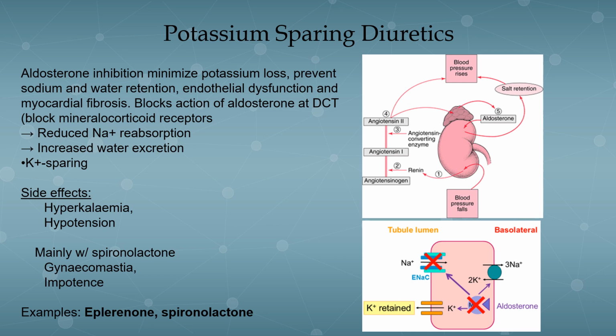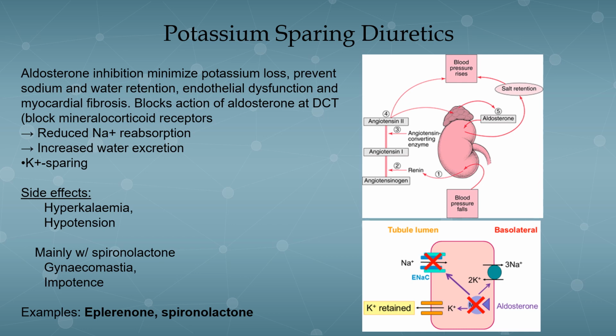So aldosterone inhibition minimizes potassium loss, prevents sodium and water retention, and endothelial dysfunction and myocardial fibrosis. Okay, all these are prevented. It blocks the action of aldosterone at the DCT, where the mineralocorticoid receptors are blocked. So there is reduced sodium reabsorption, increased water excretion, and it is a potassium sparing agent.